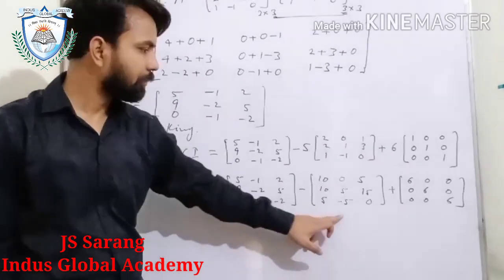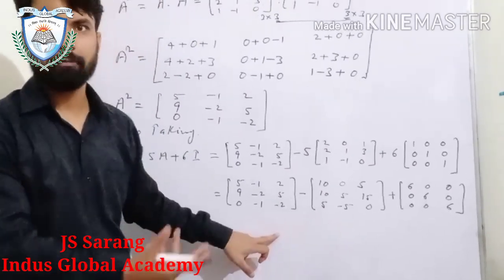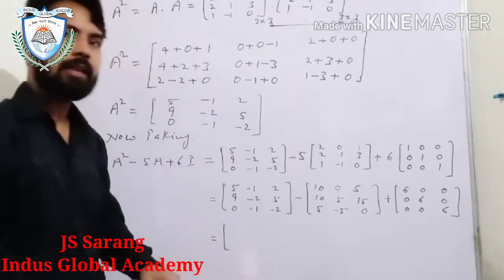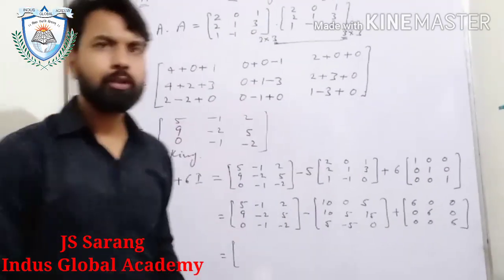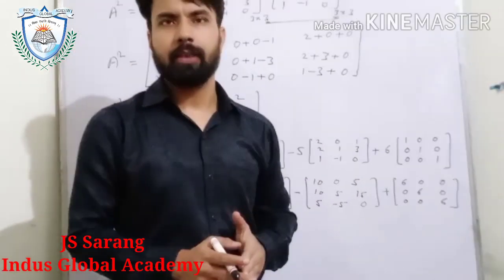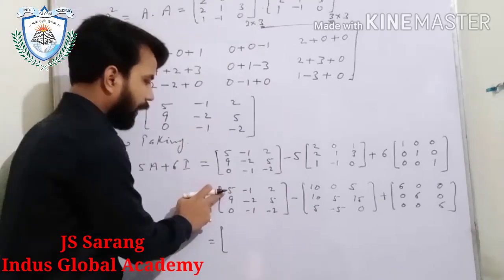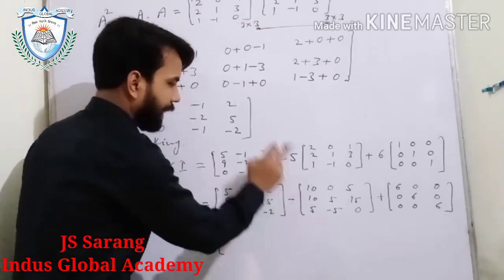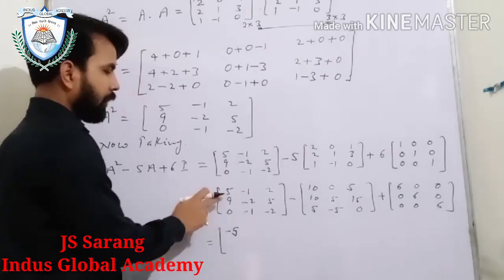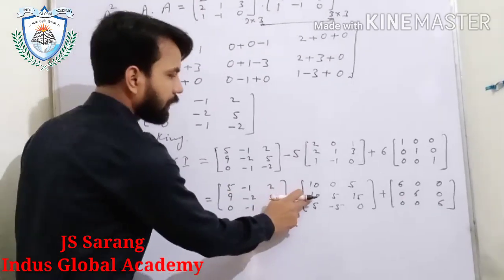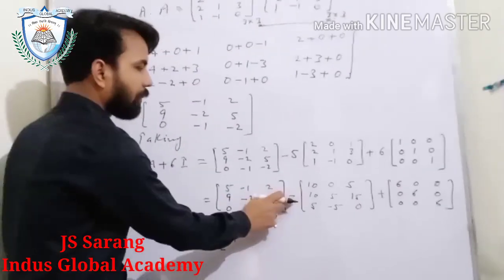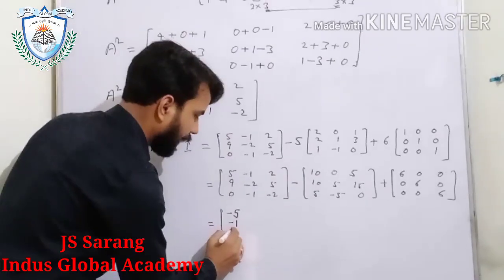Now see, one matrix minus the other matrix. That means there is a subtraction of two matrices. I explained the subtraction of matrices in my last video. What I told you there is that we have to subtract the corresponding elements of the matrices. So 5 minus 10 gives you minus 5. 9 minus 10 is minus 1. 0 minus 5 is minus 5.